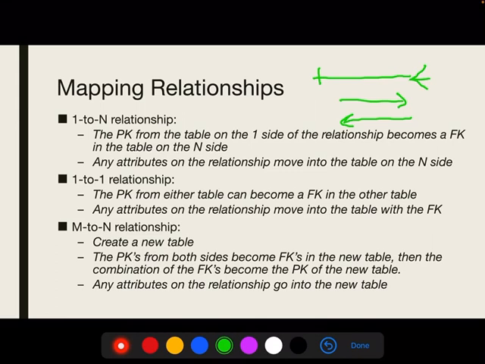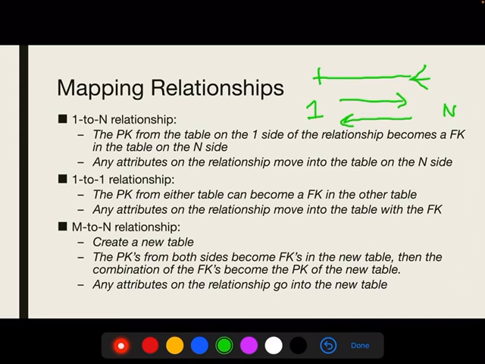And that means that for everything on this N side, there's only one on the other side. So we can just put the foreign key in there to represent the partner row from the other table. In a one-to-one relationship, well, it doesn't really matter.